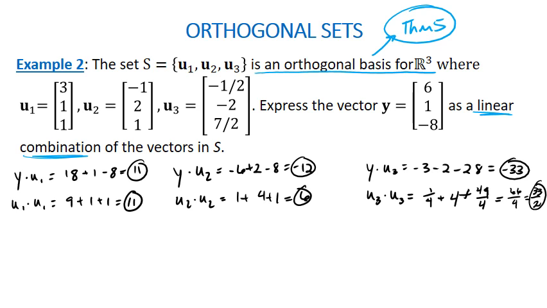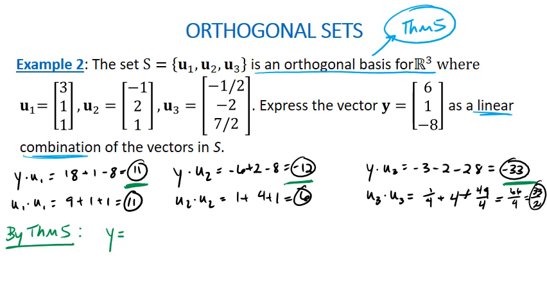Okay, so by Theorem 5, we can say that y is equal to, so it's the same formula that I wrote on the previous slide, and just for the sake of time, I'm not going to write that again. But remember that we have these fractions here if we set it up this way.